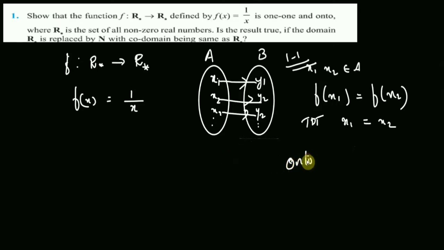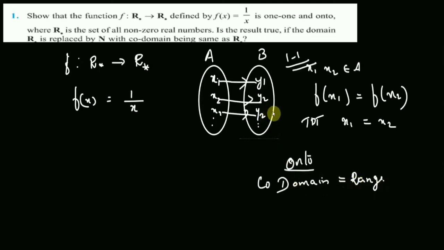A function is onto when the codomain is equal to the range. So how do you prove it?